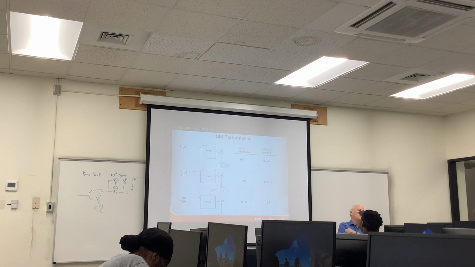Here's a shutdown system where you have 1 out of 1 voting, and so it's 0.01 for a false shutdown, 0.02 for a failure on demand. That's not very good. If you want to reduce the failure on demand rate, you put 2 sensors and you say 1 out of 2 will shut you down.